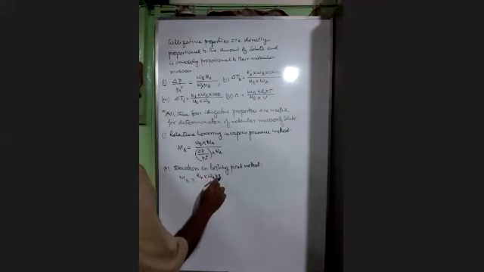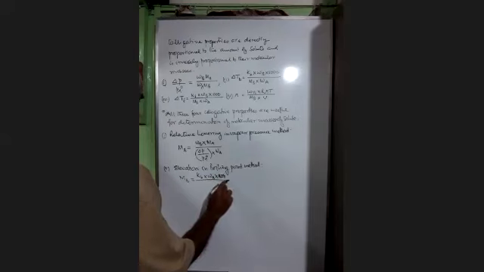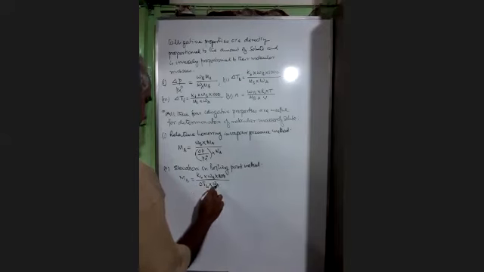In this case, what do you do? MB is equal to KB into WB into 1000 divided by delta TB into W.